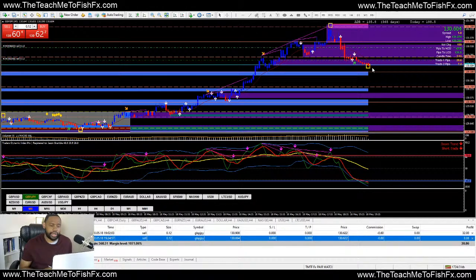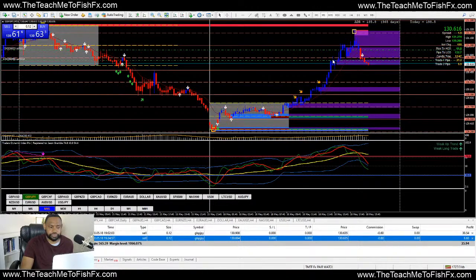And so what I'm doing, I'm scaling back down to the 5 minute because I see that an area of interest of mine seems to be being met. So I'm going to look at this 5 minute chart to see if I can scale in again, as opposed to waiting on the 15-minute chart.